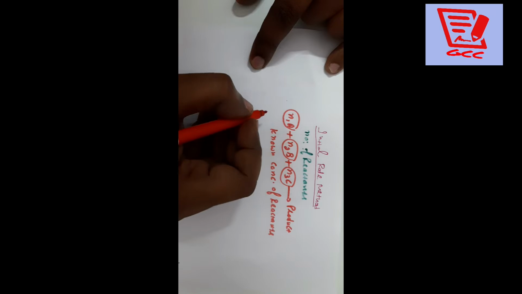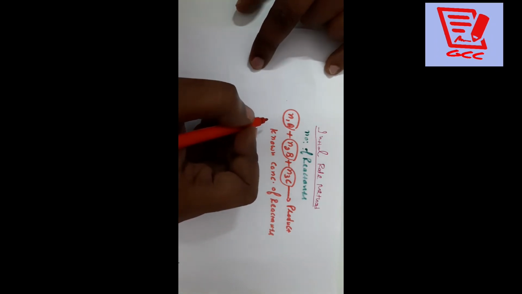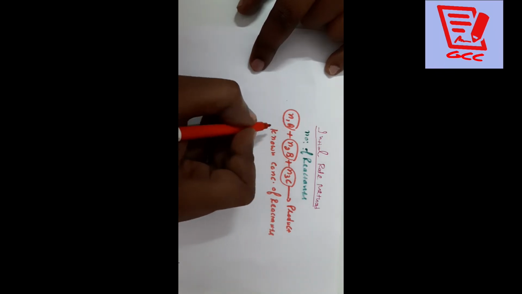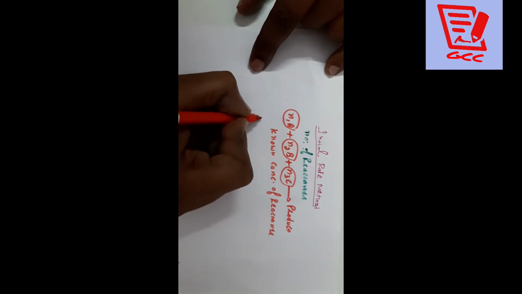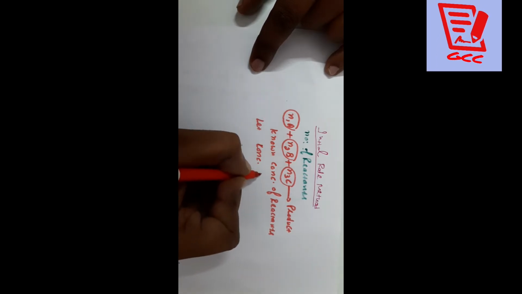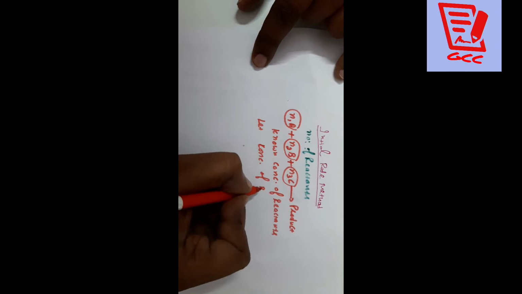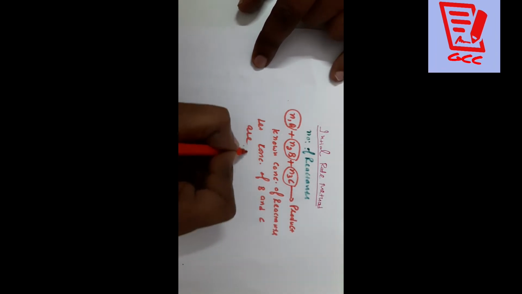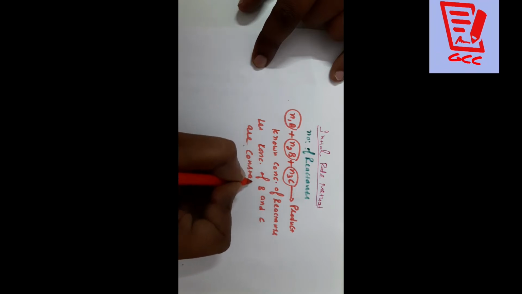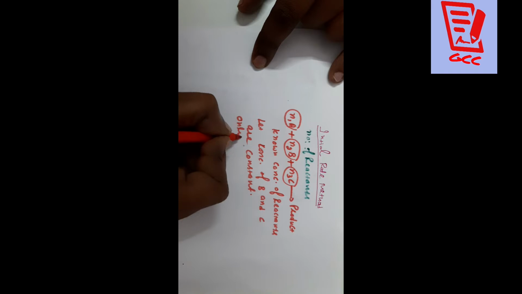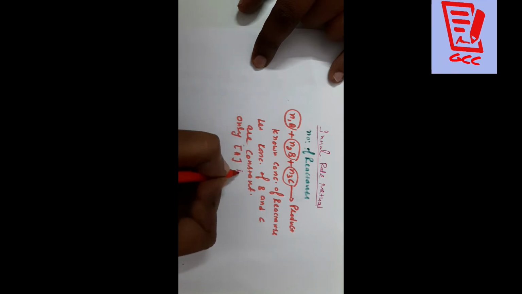Let's say we have to determine the initial rate with respect to reactant A. Then we say the concentrations of B and C are constant, and only A is changing.